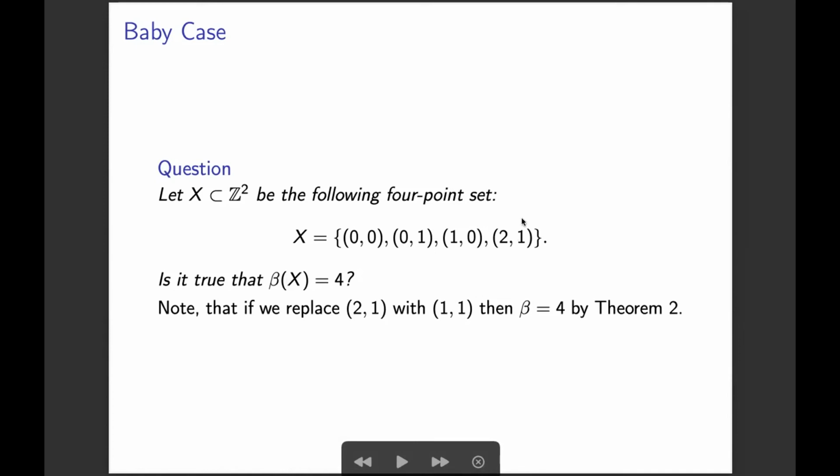It's very intuitive to guess that it does not, but it turns out that even in the two-dimensional case, it's not really clear how to prove this fact.